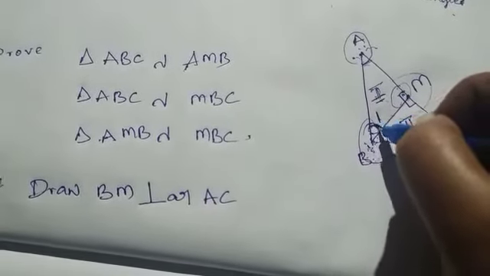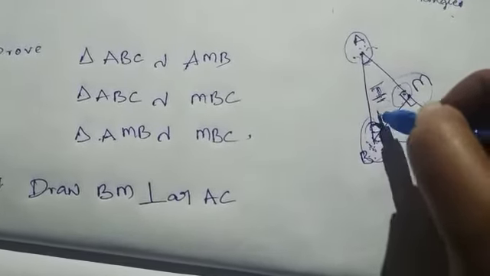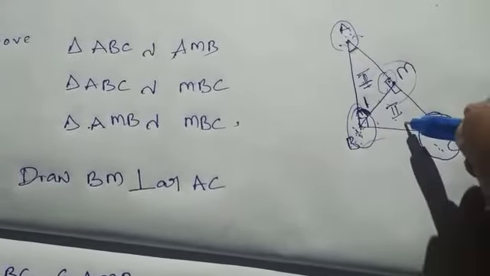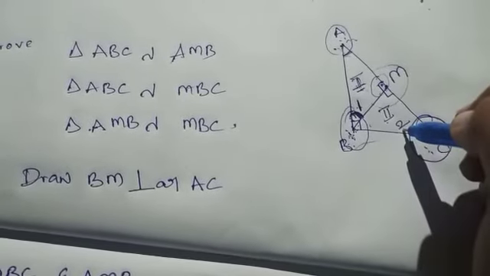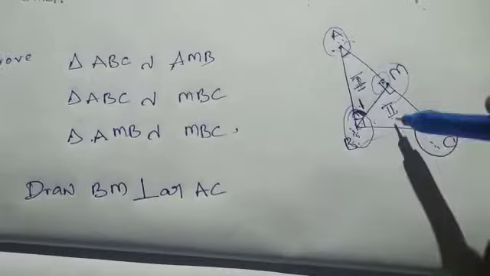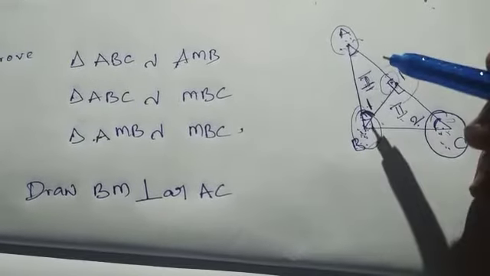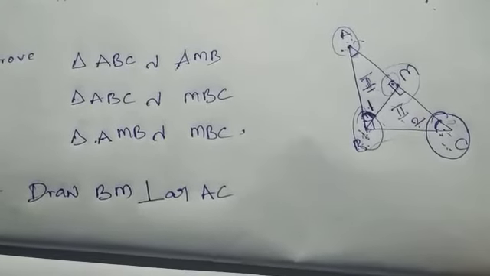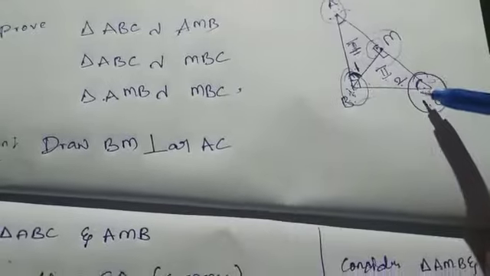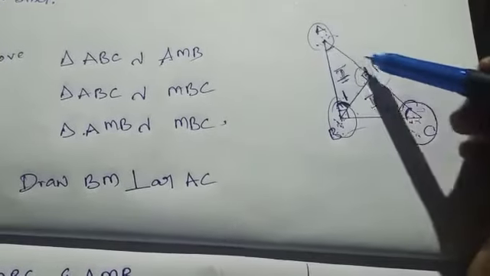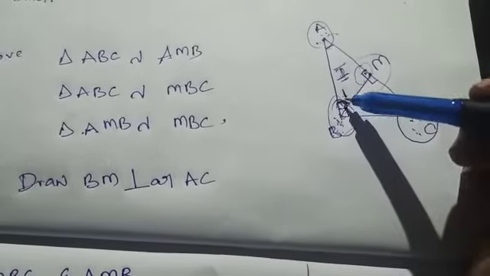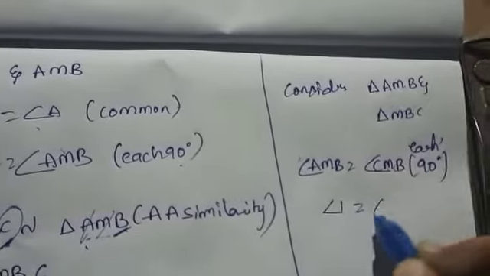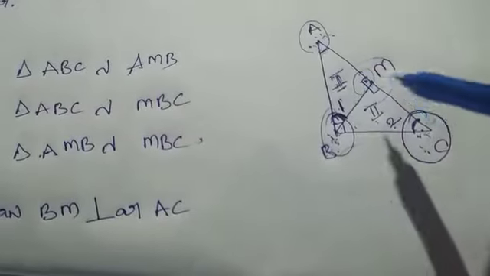Okay, this is the angle B, ABM. Okay, this is 1, this is 2. Here 1 equal to 2, because in both the triangles, corresponding two angles are equal, then the corresponding third angle is also equal. Okay, in the bigger triangle, angle C equal to the smaller triangle angle B. So angle 1 equal to angle 2.